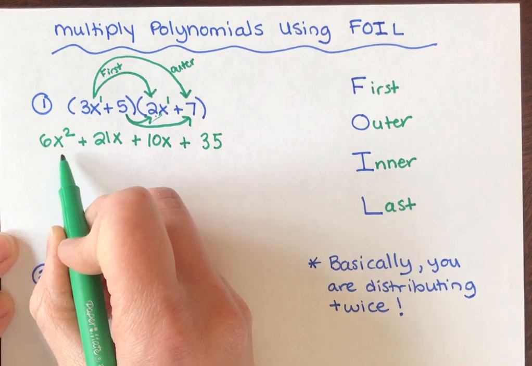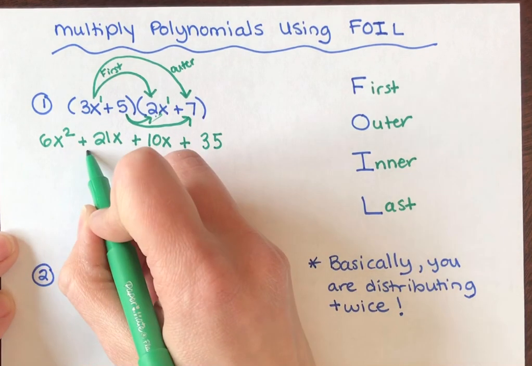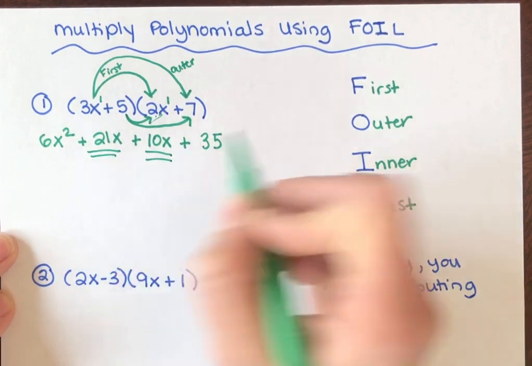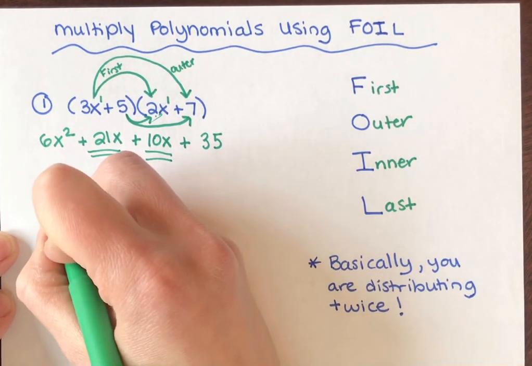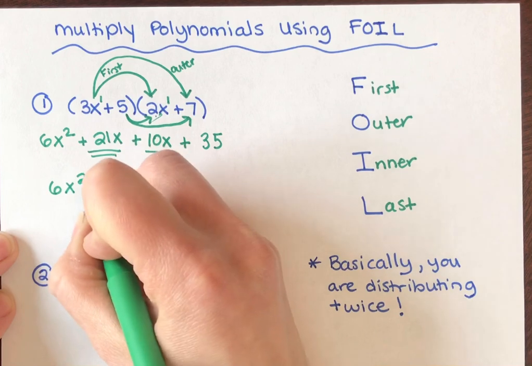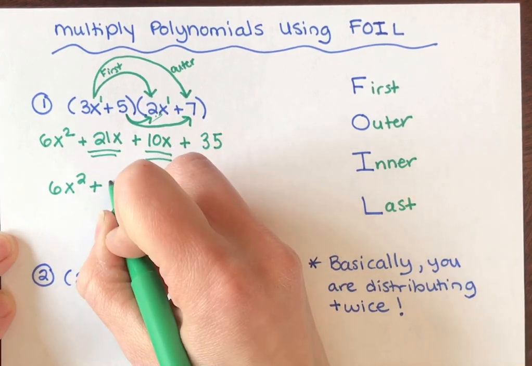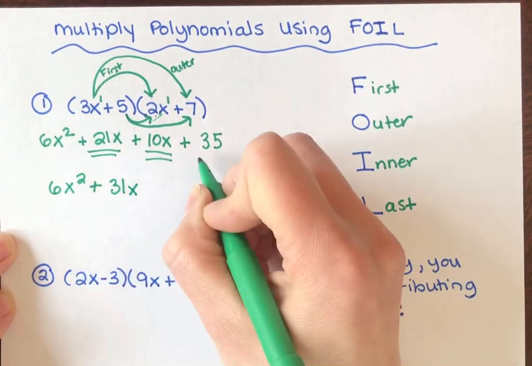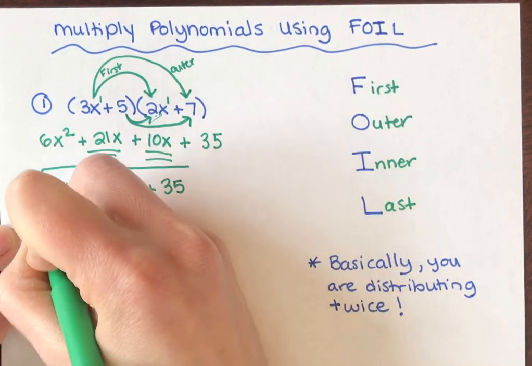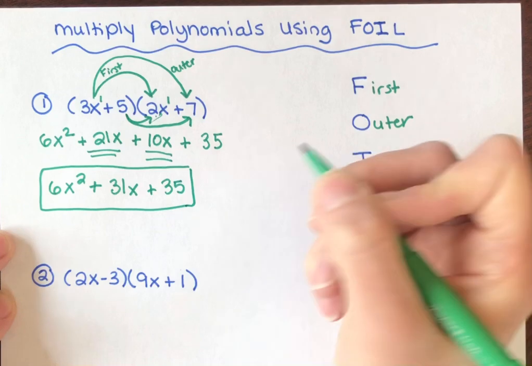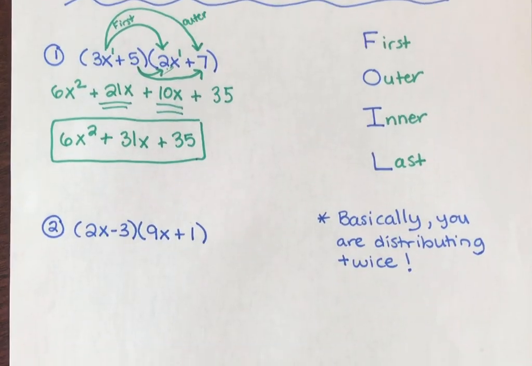So I have a 6x to the second, and in the middle, I have some like terms. So I have a 21x plus a 10x. So I get 6x to the second plus 21 plus 10 is 31x. Bring down that plus 35. Okay, let's do a couple more examples.